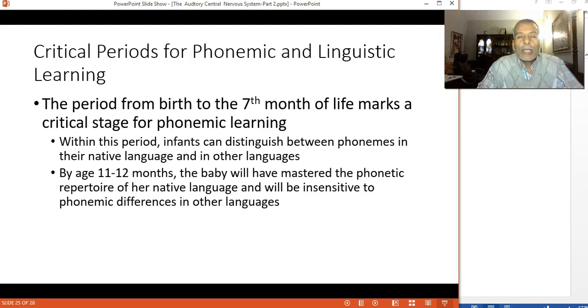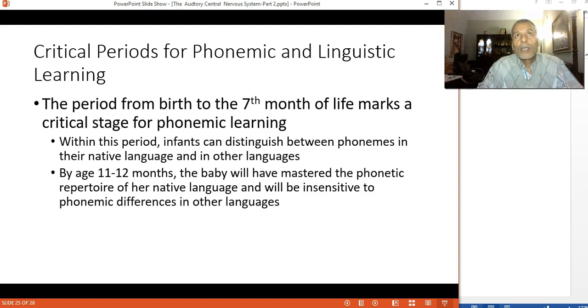And between the 7th month and the 10th, or the beginning of the 11th month, the children start to specialize. There's still a tiny window of time where they're a little bit flexible, but once they hit the 11th month, they start to tune out foreign languages.